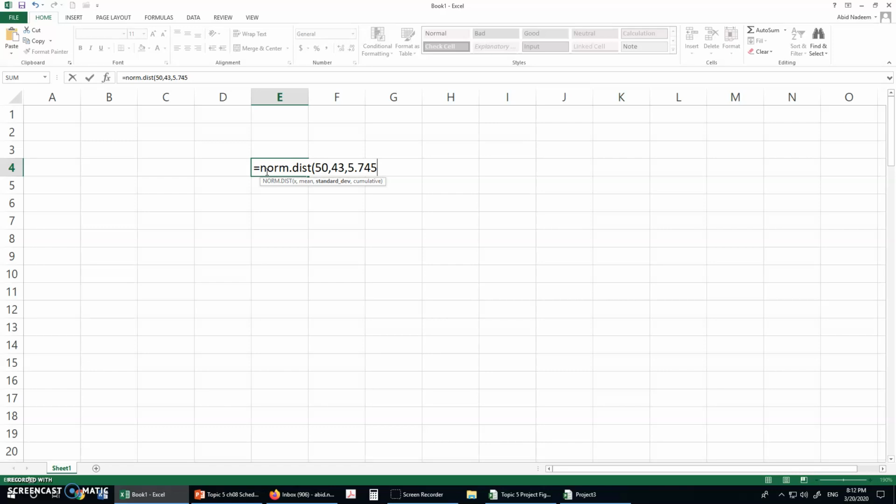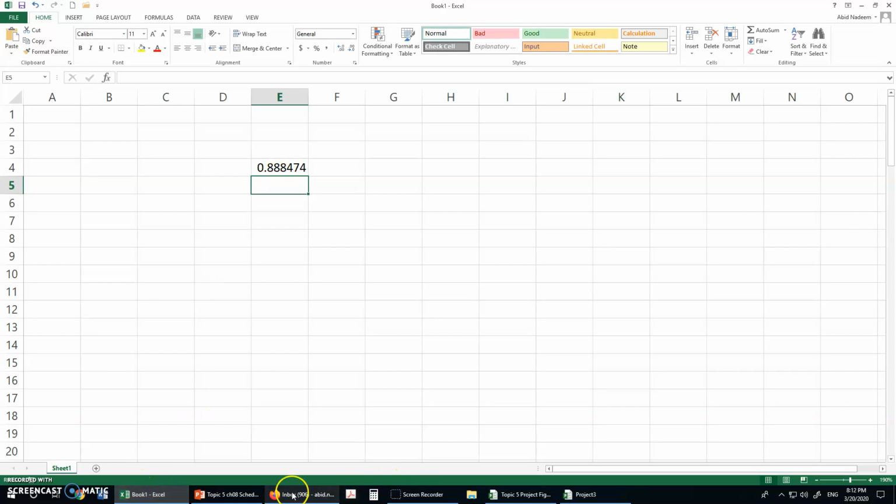And then do we want the cumulative distribution function? Yes. I click it, and it will be 0.8845.